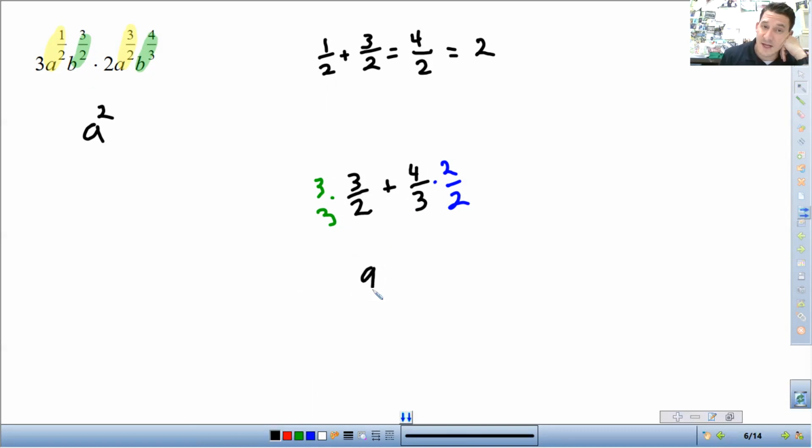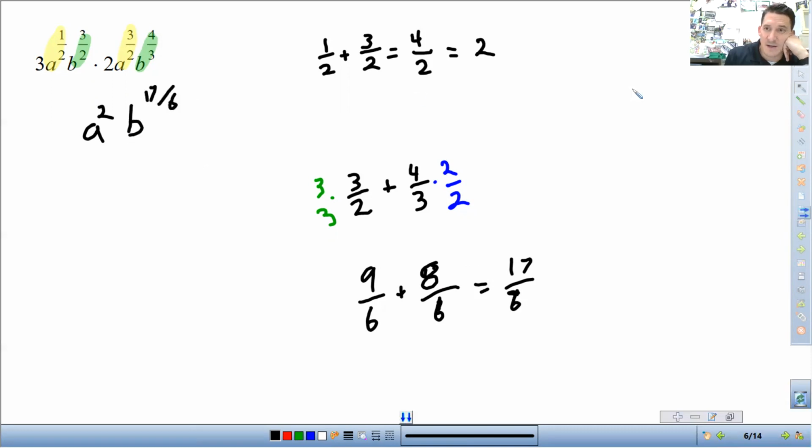So 3 times 3 is 9, 3 times 2 is 6, plus 2 times 4 is 8. 3 times 2 is 6. So 9 plus 8 is 17 over 6. So it's b to the 17 over 6. And then don't forget to multiply 3 times 2 is 6.